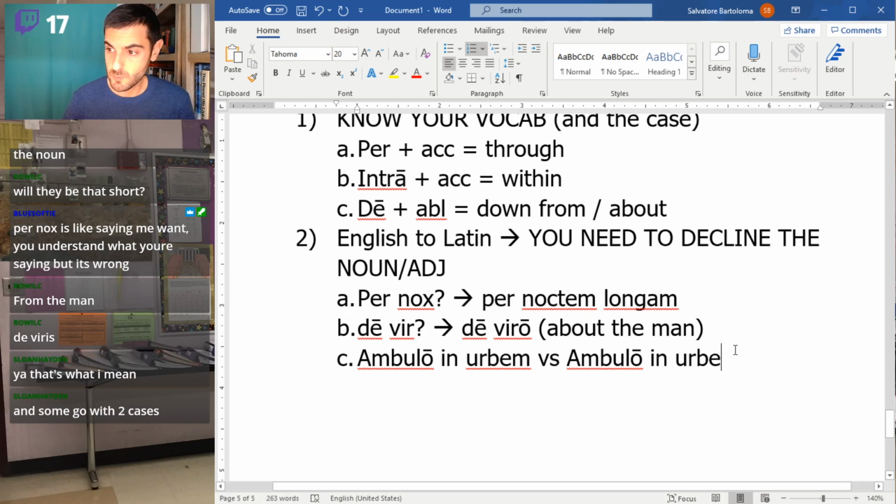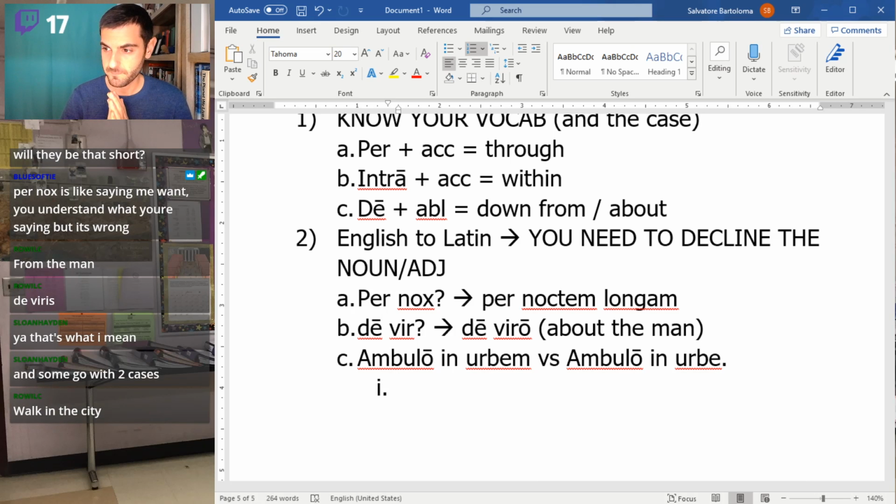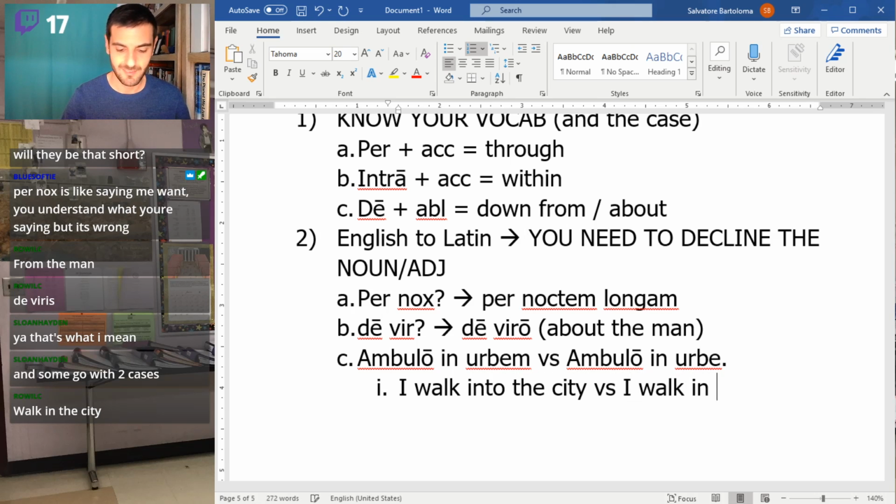Those are two different sentences, and they mean something very different. What does the first one mean? Ambulo in urbem versus the second one, ambulo in urbe. I walk into the city versus I walk in the city.